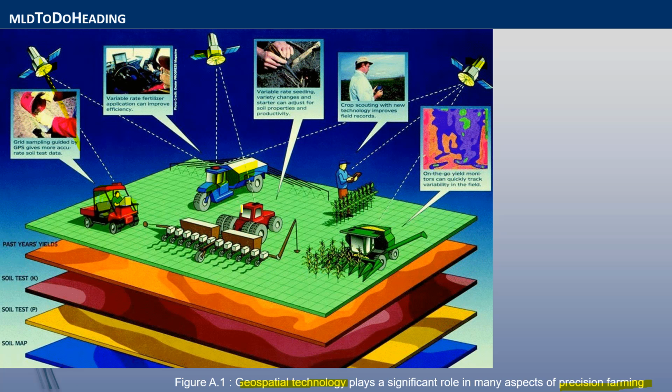And after the field is ready for the seeding process, with this third vehicle over here, we are using the machine to plant the crops over the wide area of this field.